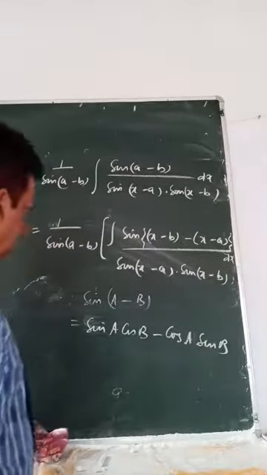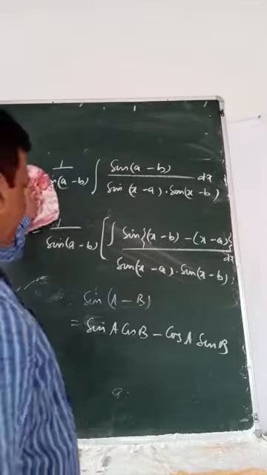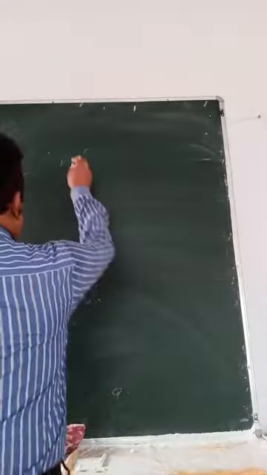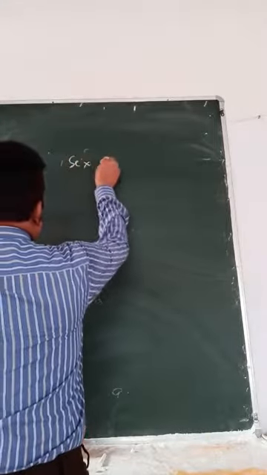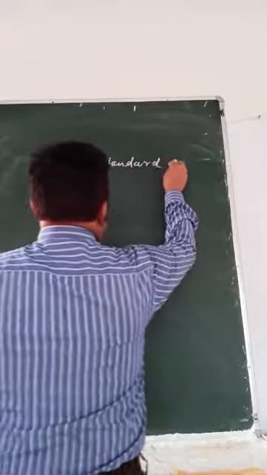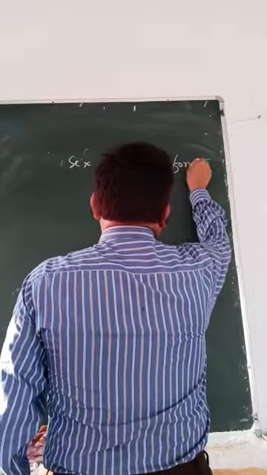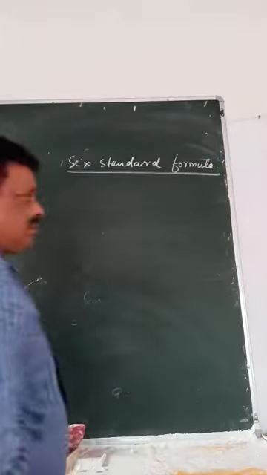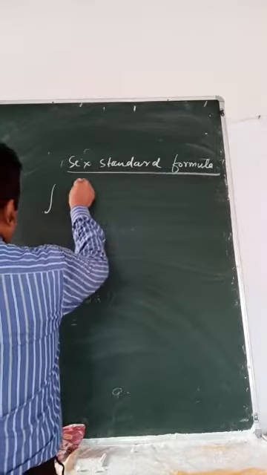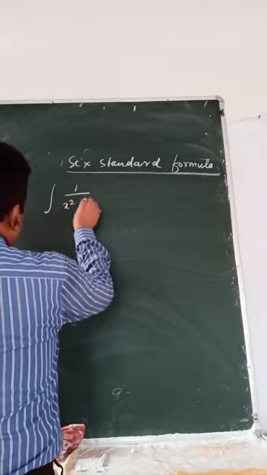Okay, now we will go to a new article, that is the 6th standard formula. So write down the 6th standard formula. So suppose 1 by x square minus a square.